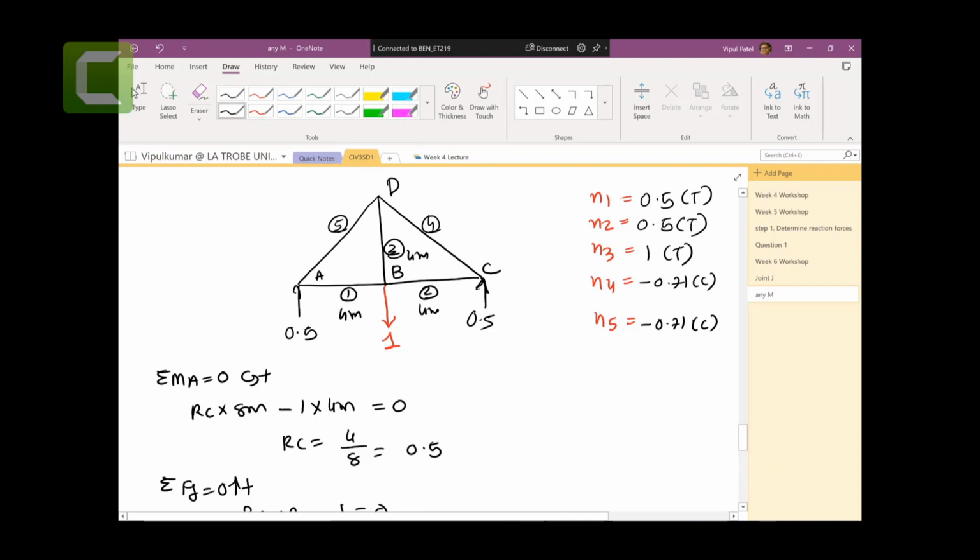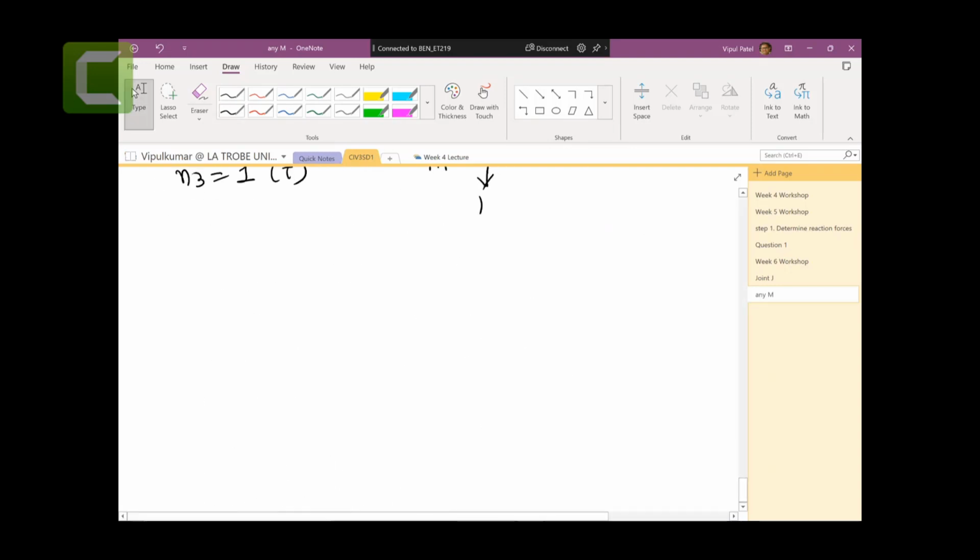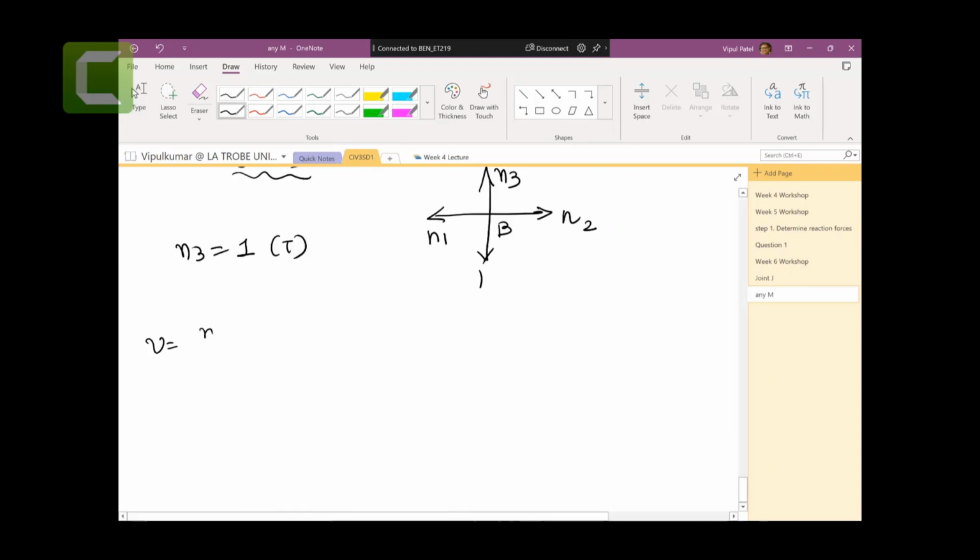All right, we have all the recipe now to use the virtual displacement equation.